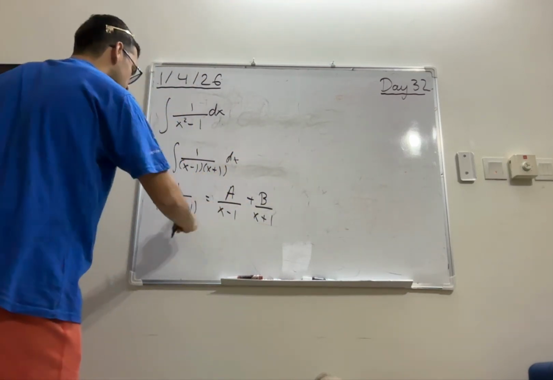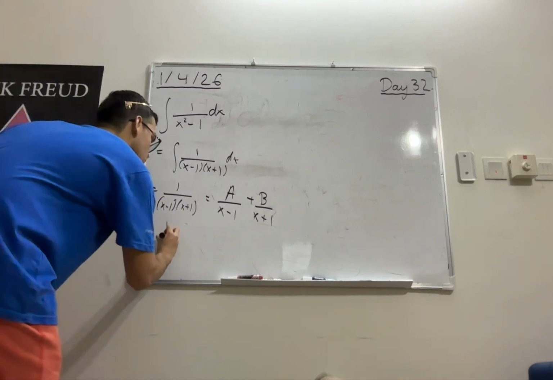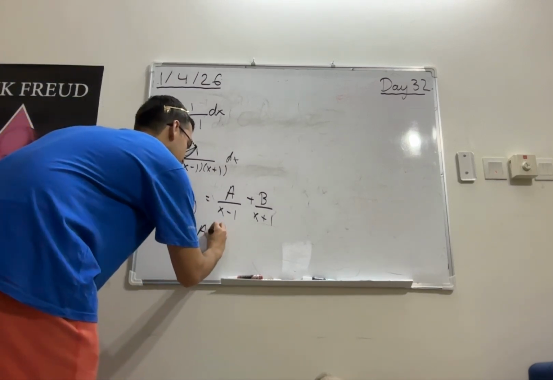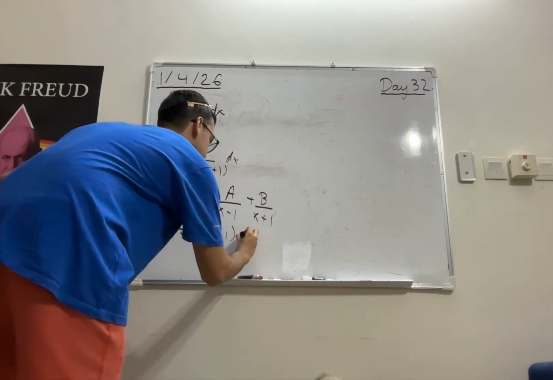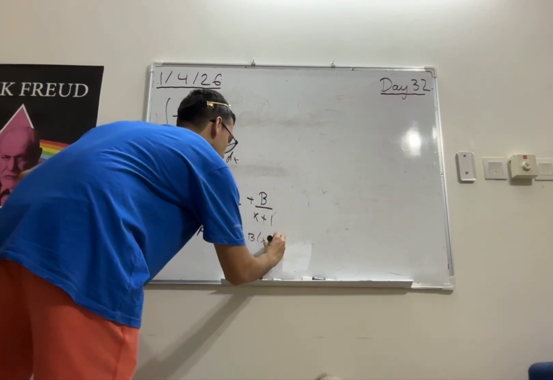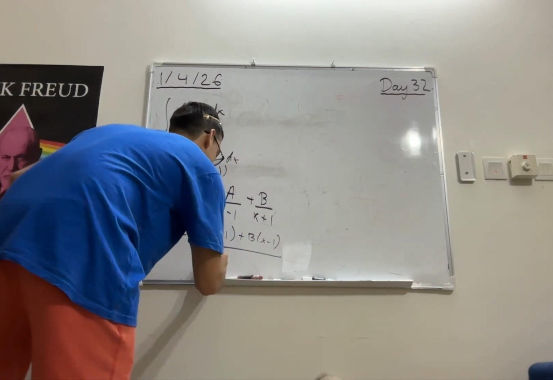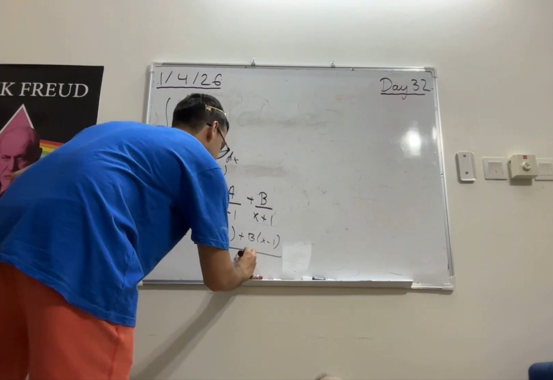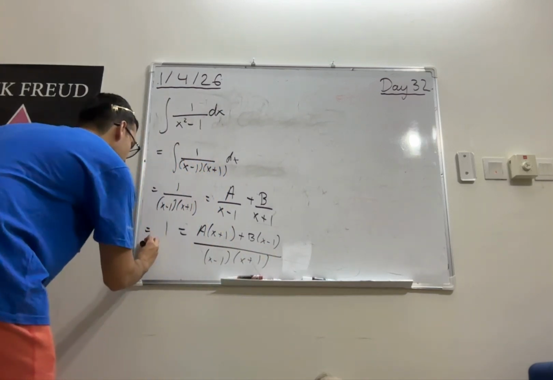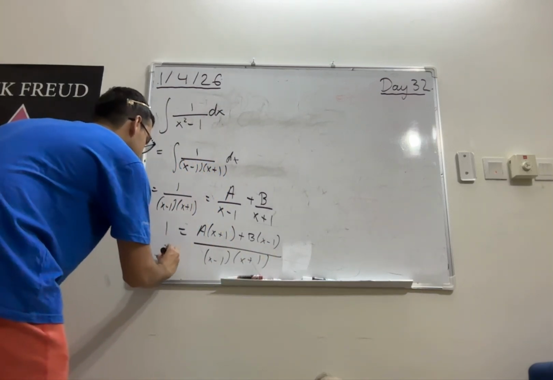Because when you cross multiply this, you basically get 1 is equal to a(x plus 1) plus b(x minus 1) by (x minus 1)(x plus 1), which is exactly what we have over here.